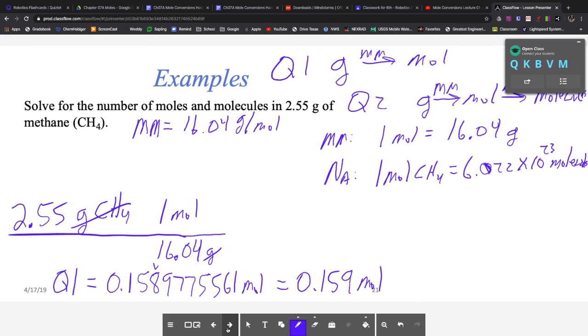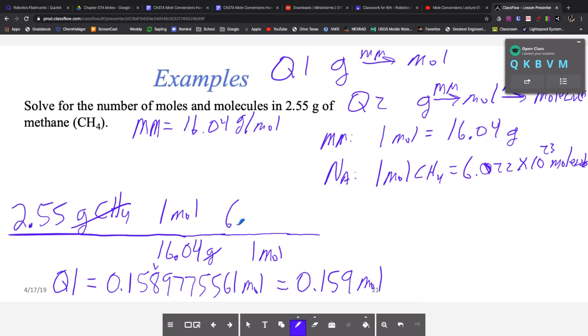To finish up with question 2, I'm just going to extend my line out. I wrote my answer to question 1 down. I'm just going to extend my line out and then put the conversion factor for Avogadro's number. So since I have moles on top, I want moles on the bottom. So I put my 1 mole on the bottom.